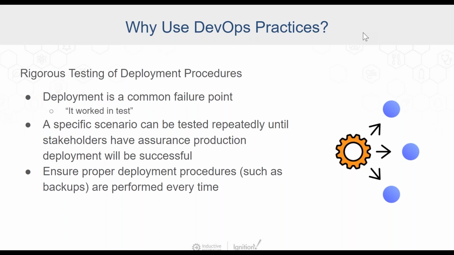So one of the key wins that most people walk away with from adopting a DevOps framework and approach is the ability to rigorously test those deployment procedures and to test deployment to ensure success there, so we don't have that angry Monday morning kind of situation where production is down.